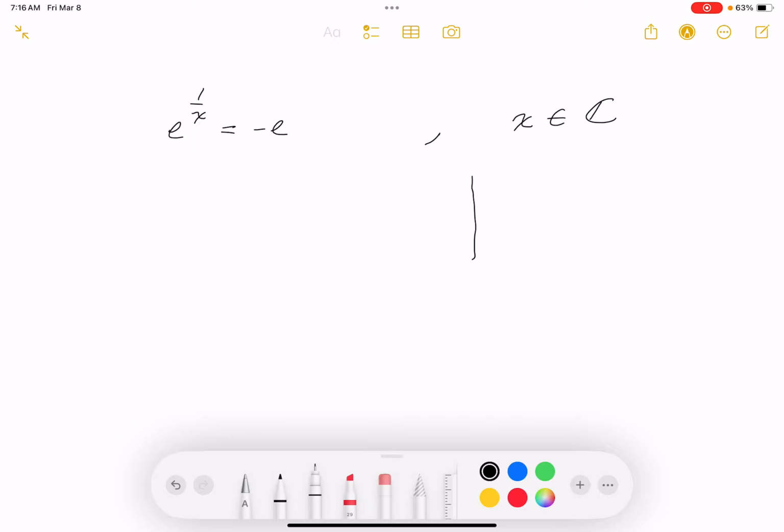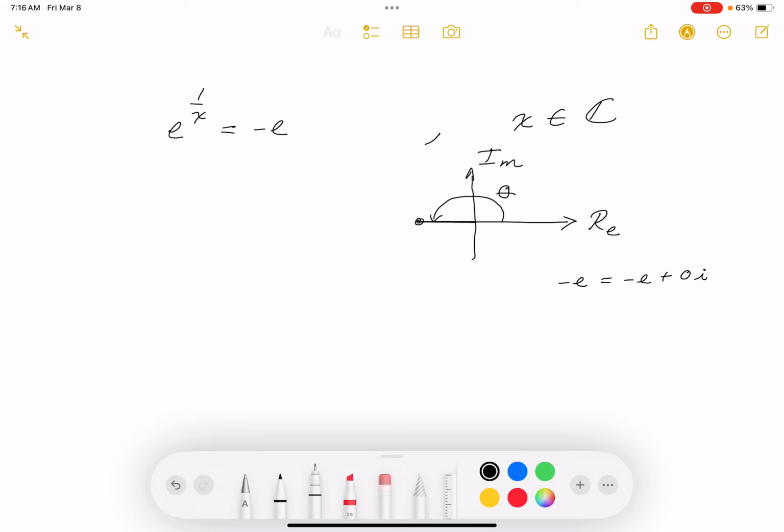So the first thing I want to do is try to imagine what that number minus e looks like in a complex plane. There's a real number and there's an imaginary number. And I'm going to say minus e looks like minus e plus no i. Now, what does that look like? If I visualize that, this is called the argument. The argument is going to be theta, and the point's over here.